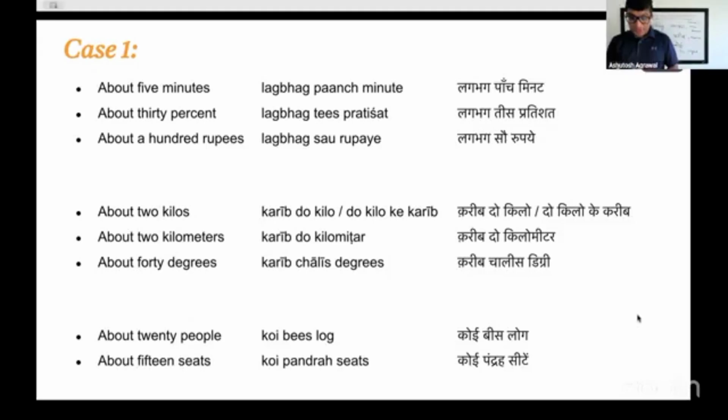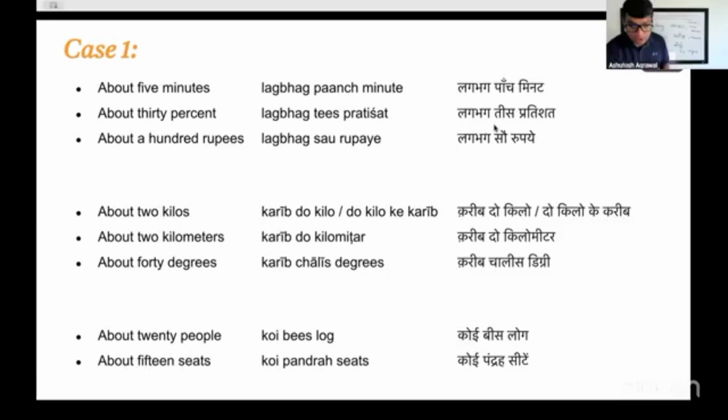Okay, how will you say that? बस में koi bis log. Koi bis seats, about 20 seats, empty. Yeah, very good. I don't know how to say empty. बस में, yeah, you can say empty थी और खाली थी.